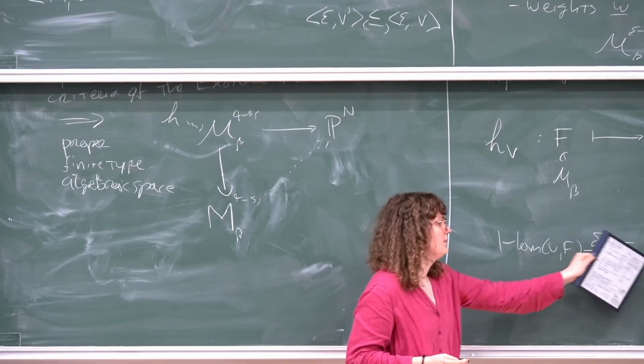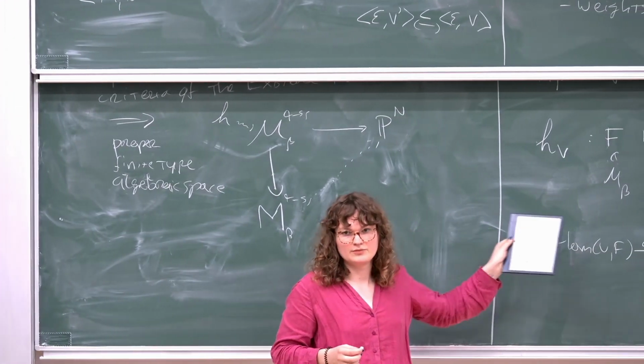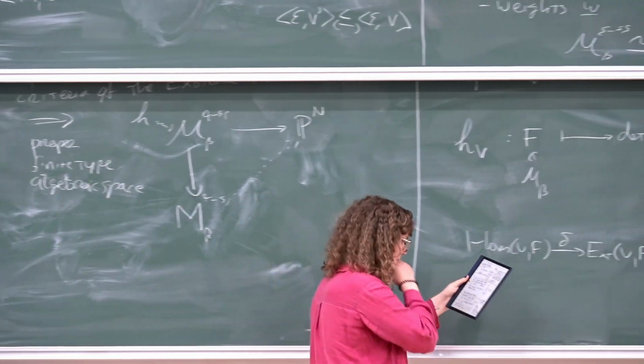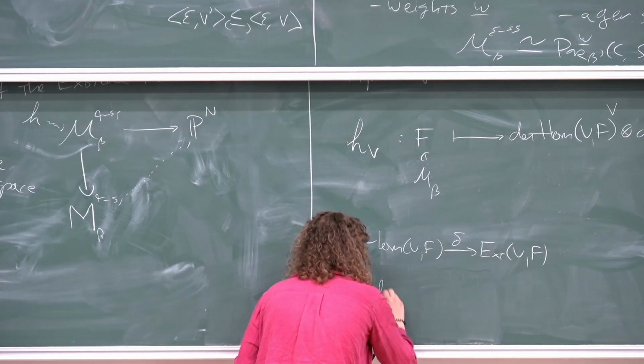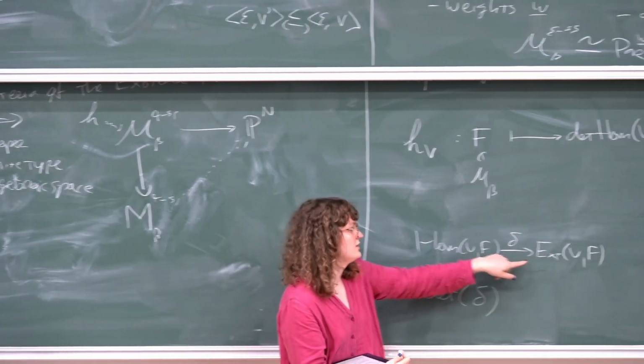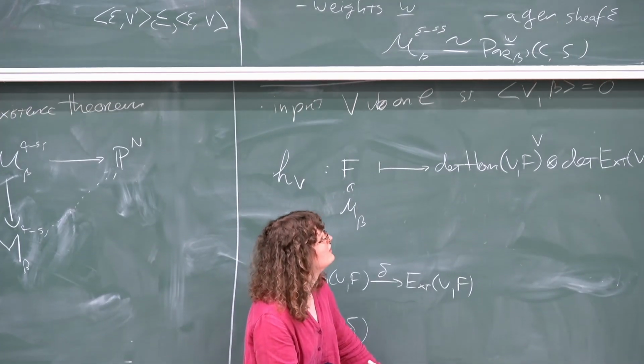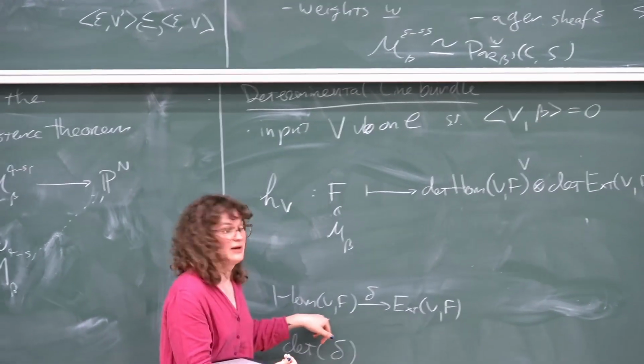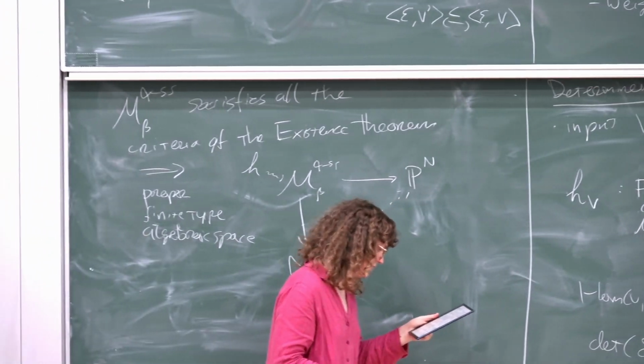Because of the construction, it actually comes immediately with at least one section. It's a good start. Namely, we can take the determinant of delta. This makes sense because by assumption these have the same dimension, so we actually get a determinant map.